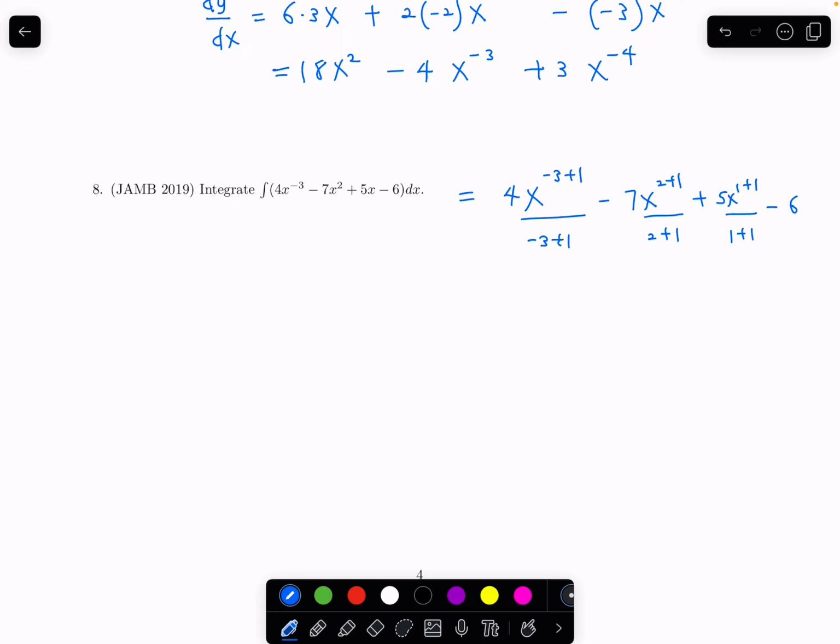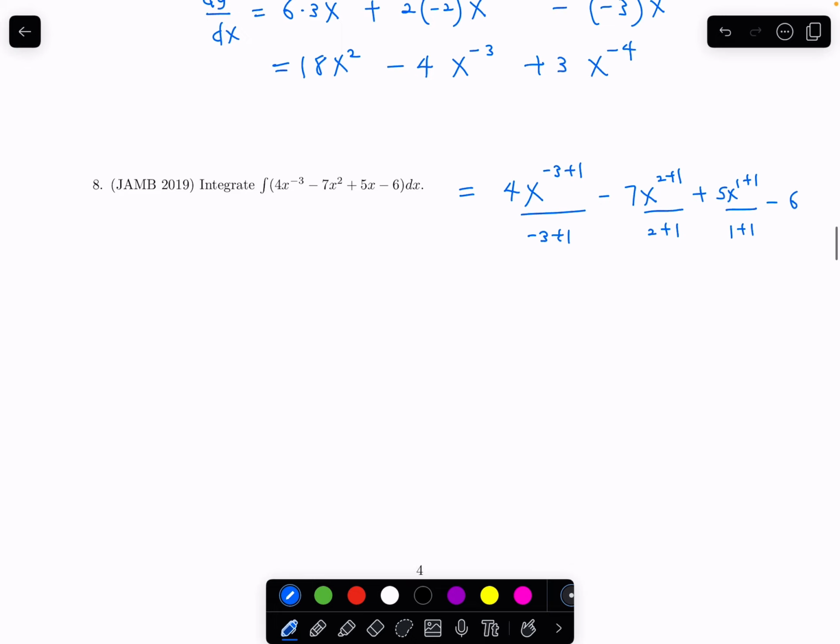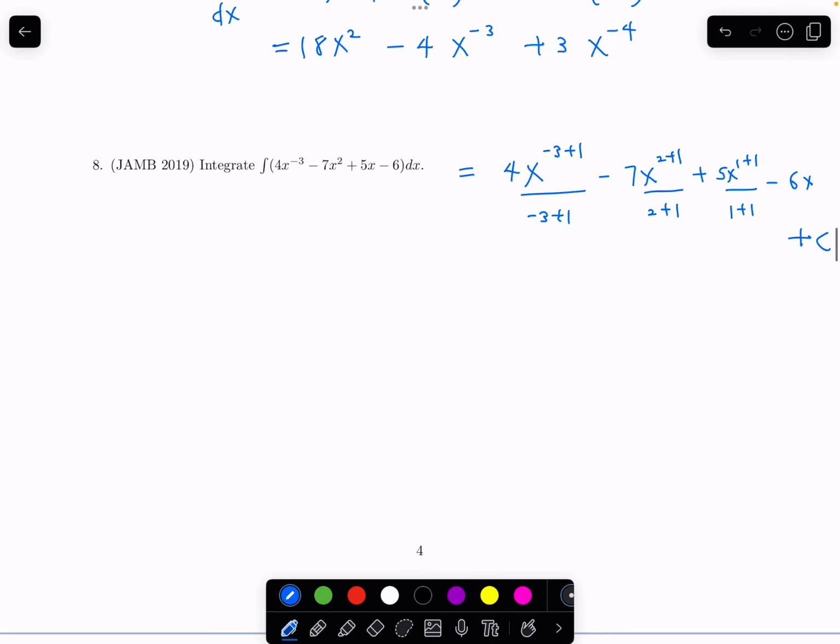If you integrate a constant, you just get x, then plus c, because this is an indefinite integral. So this is just going to be equal to 4x to the negative 2 divided by negative 2, minus 7x to the power of 3 divided by 3, plus 5x squared divided by 2, minus 6x plus c.